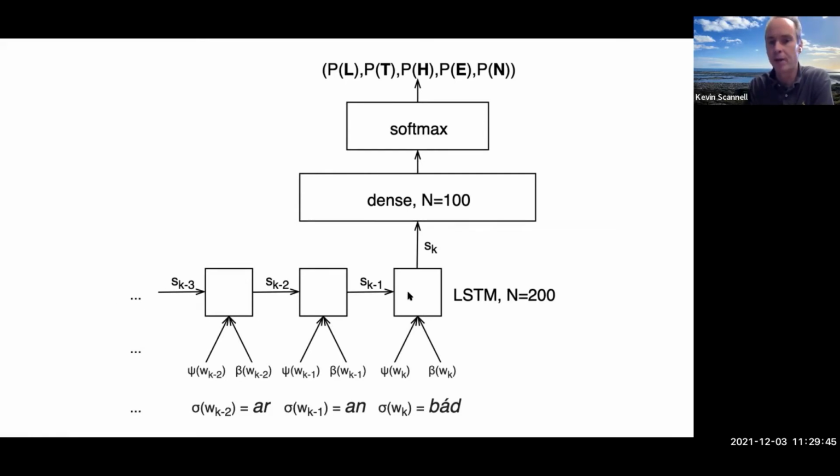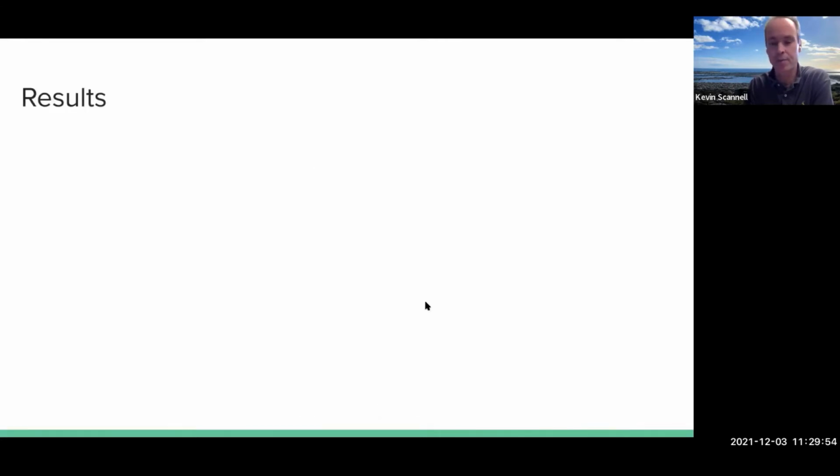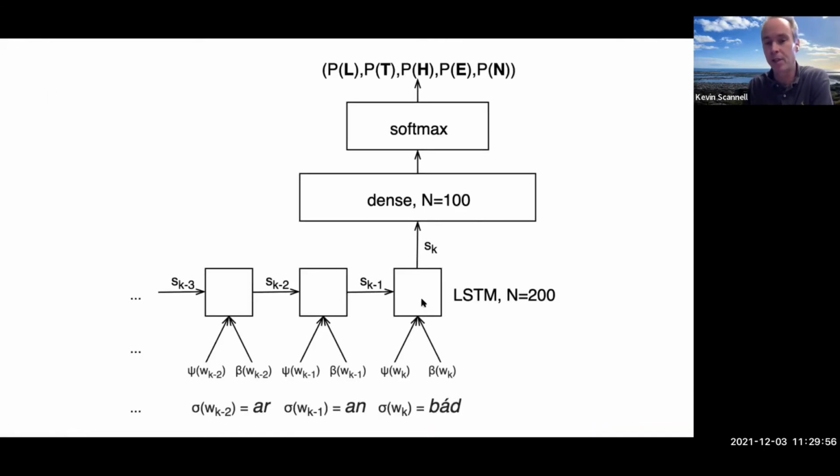This row right here is the recurrent neural network, LSTM. It processes the input words up to the point that I need to make the prediction, passes that on to a dense layer, and then the softmax turns that into the probability predictions. So these are a list of 5 probabilities that add up to 1, the probabilities of each of the mutations.